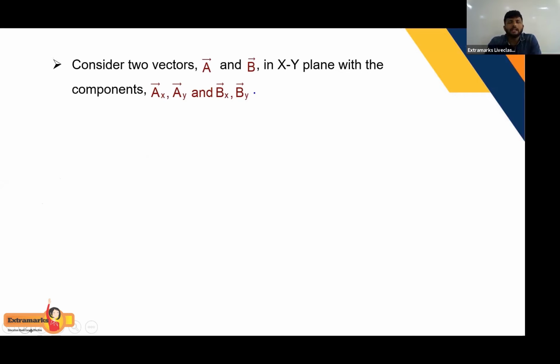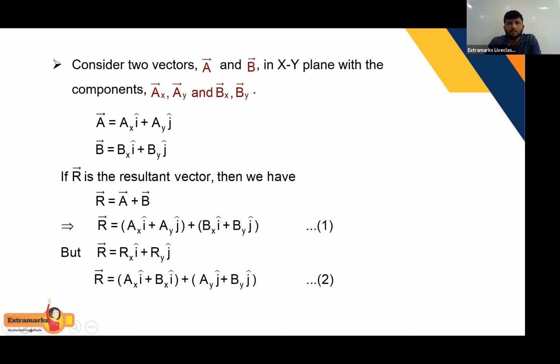So let's say vector A consists of ax i cap plus ay j cap, where ax is the x component of A and ay is the y component of A, right? Similarly, I have written vector B as bx i cap plus by j cap. Here, bx is the x component of B, and by is the y component of B.